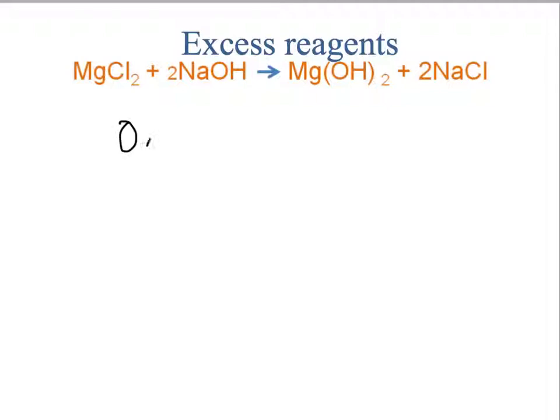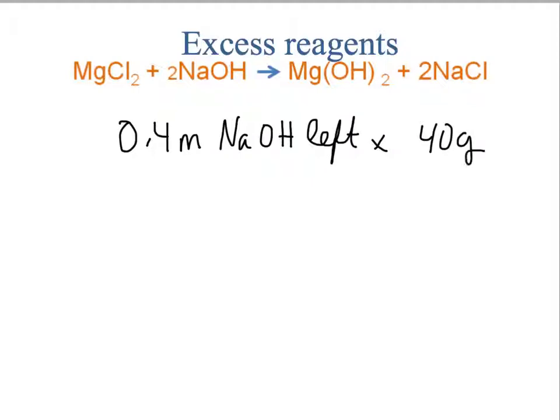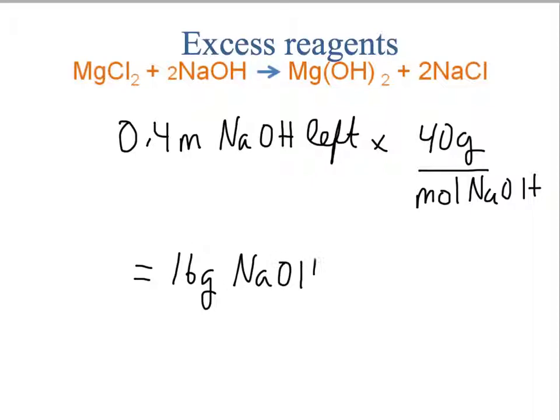So 0.4 moles of sodium hydroxide times, well, I think we said it was 40 grams per mole NaOH, which should give me 16 grams of NaOH left. So that's how you calculate how much excess reagent is left.